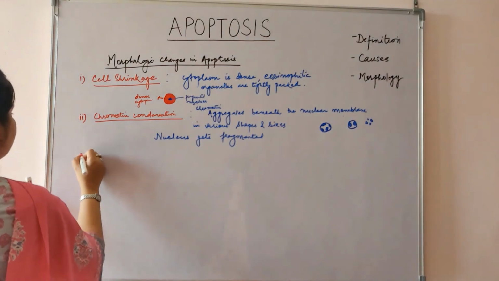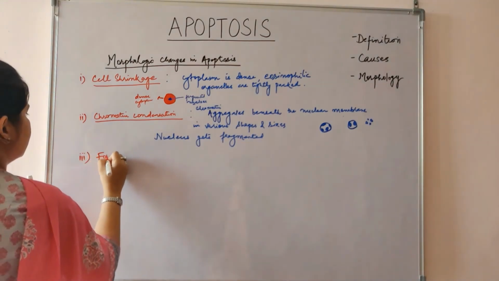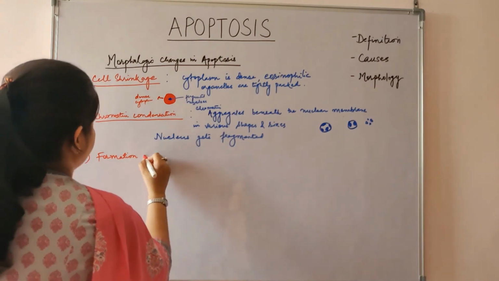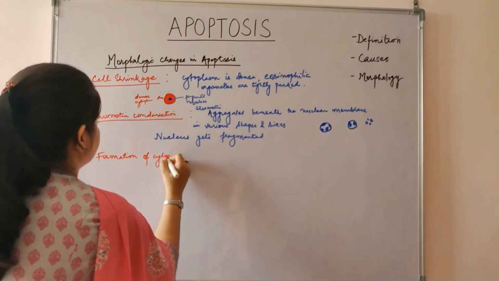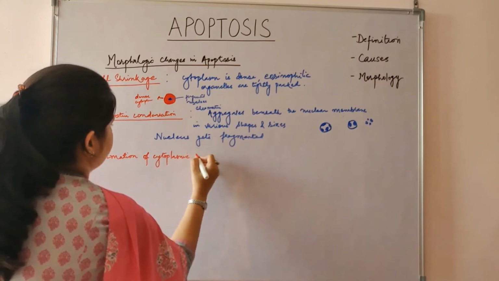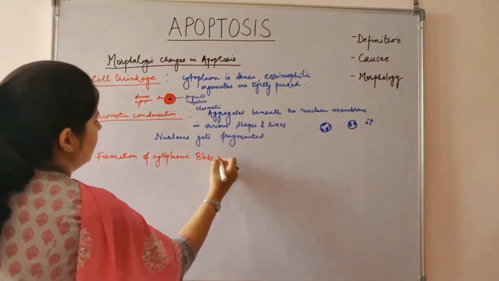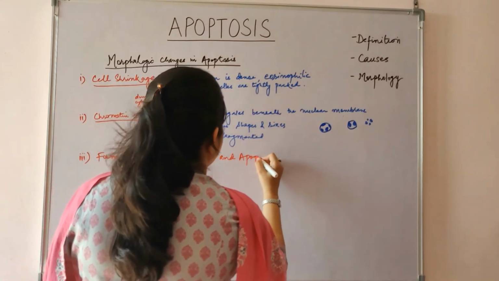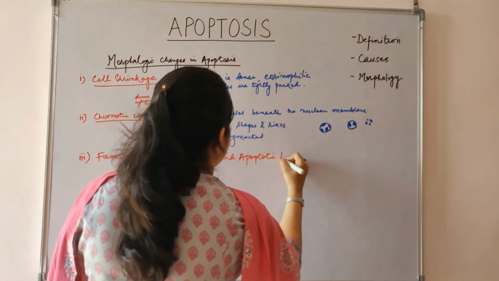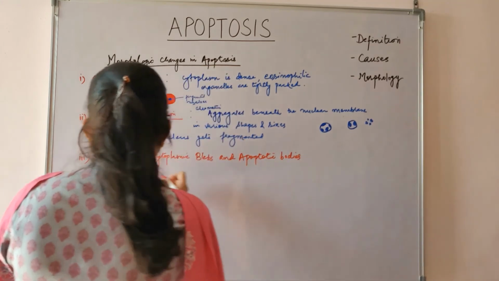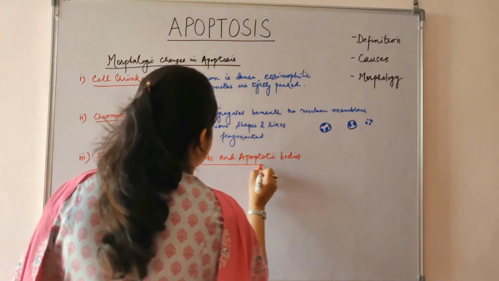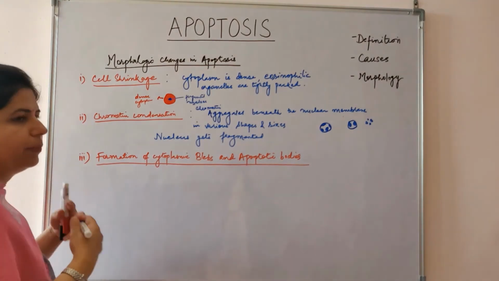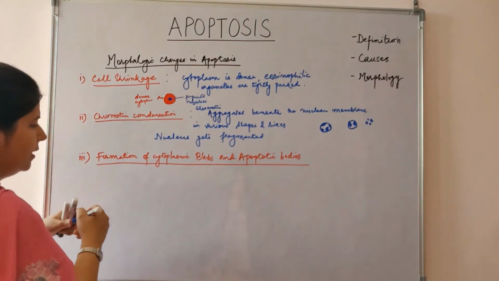Third is formation of cytoplasmic blebs and apoptotic bodies. First there is formation of cytoplasmic blebs, and then this leads to formation of apoptotic bodies, and the cell gets fragmented.